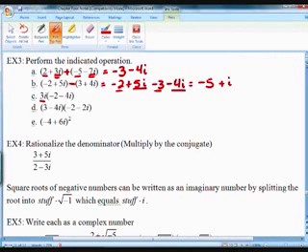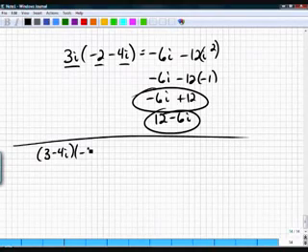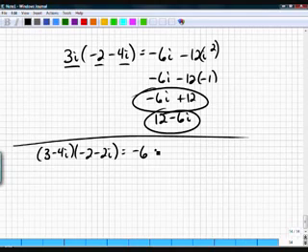3 minus 4i times negative 2 minus 2i, distributive, or excuse me, foil. That's all this is. 3 times both of them, what do you get? And then negative 4i times both of them. There you go.